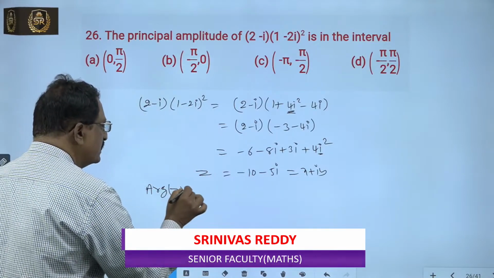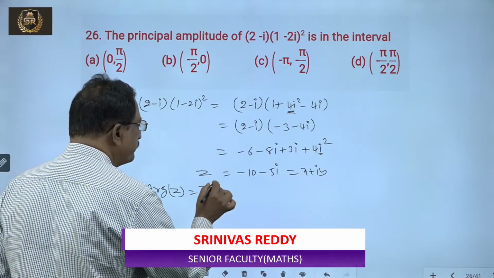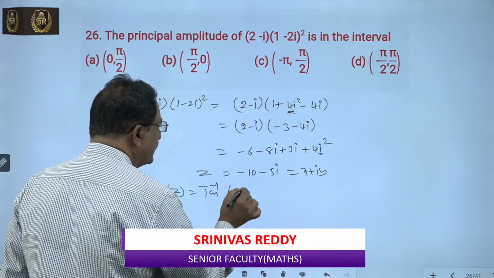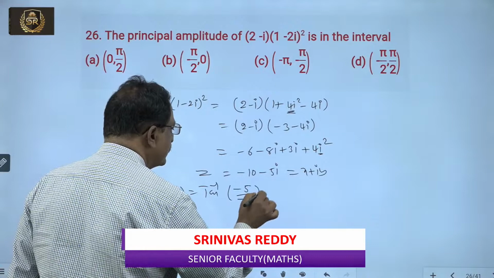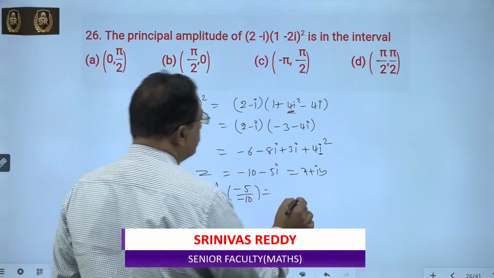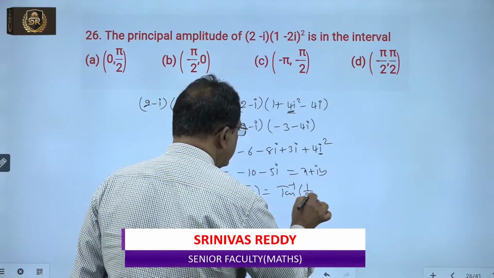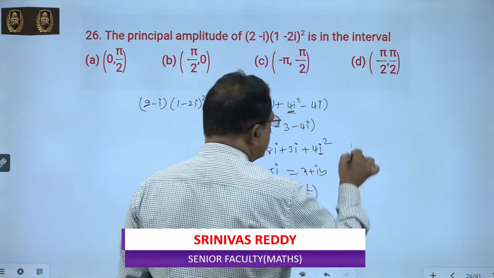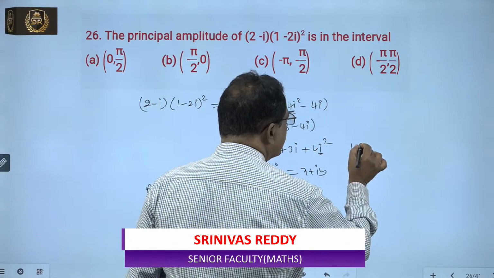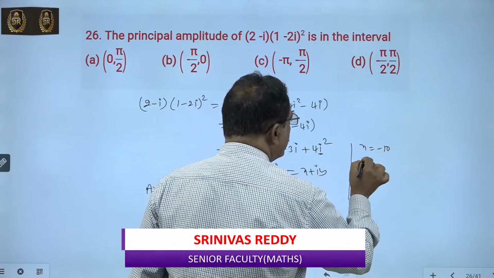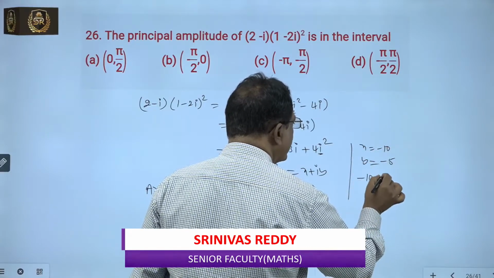Argument of z equals tan inverse y by x, that equals tan inverse minus 5 by minus 10, that equals tan inverse 1 by 2. But the point here, x equals minus 10, y equals minus 5. Now minus 10 comma minus 5.